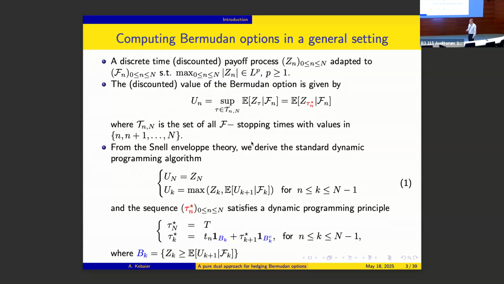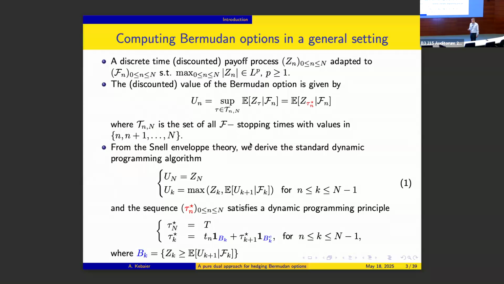But if the owner of the option is allowed to exercise at different times, then to price this kind of option you need to compute this supremum over all the possible exercise times, right? The owner of the option may exercise at any time in this set. So this is the fair price that you should ask for such an option.